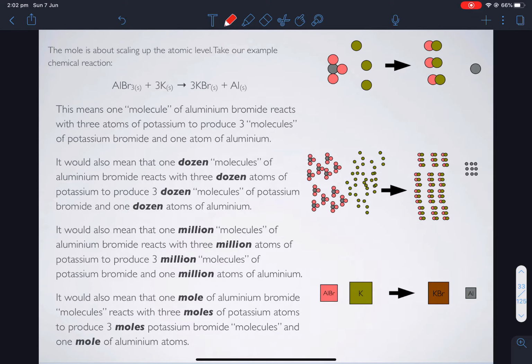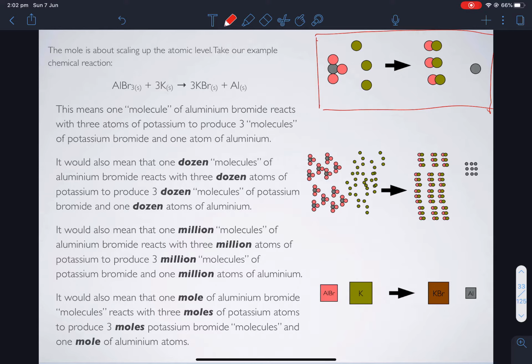So in this chapter, I've been talking about our example reaction between aluminium bromide and potassium, leading to potassium bromide, in inverted commas, molecules, because it's ionic, of potassium bromide and aluminium. So what I've done here on the right is draw a representation of that reaction by the least number of particles.